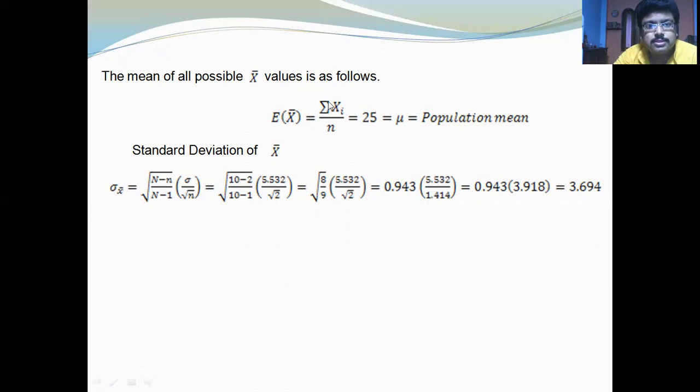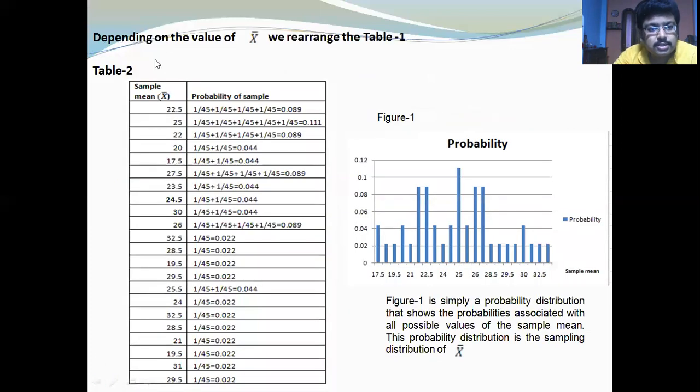Now this is the population mean. You can find the population mean here, summation xi. The sample mean is the expected mean. Look at this, these are the means. This mean has a different probability, and this mean has another probability. So the probability differs depending on the sample mean.